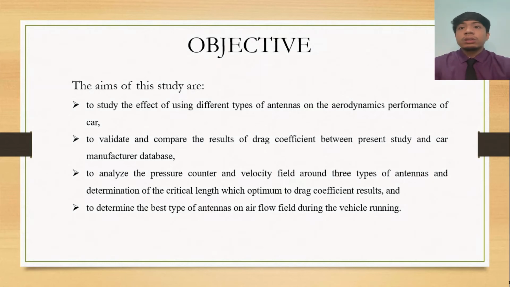Third is to analyze the pressure contour and velocity field around three types of antennas and determination of the critical length with optimum drag coefficient results. And lastly, to determine the best type of antenna on airflow field during the vehicle running. Let's go through to the next slides.